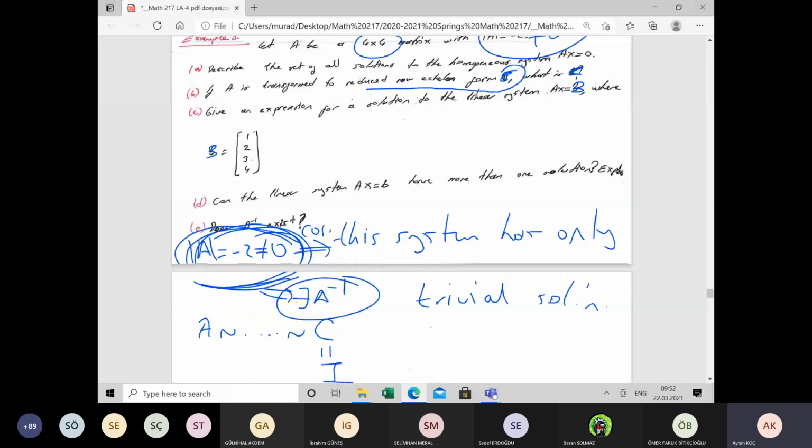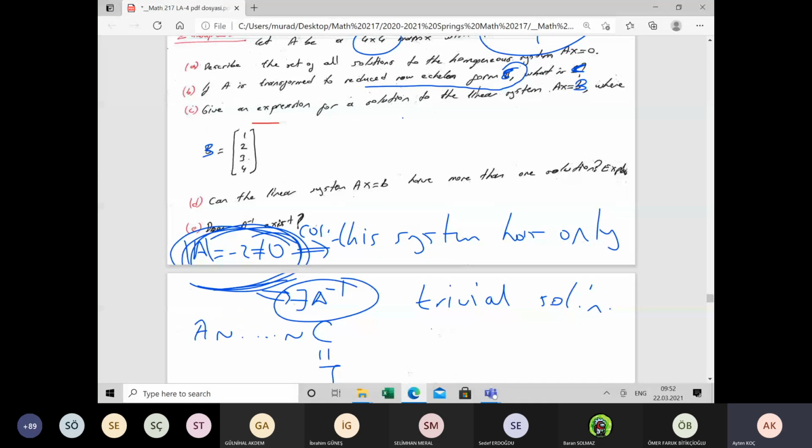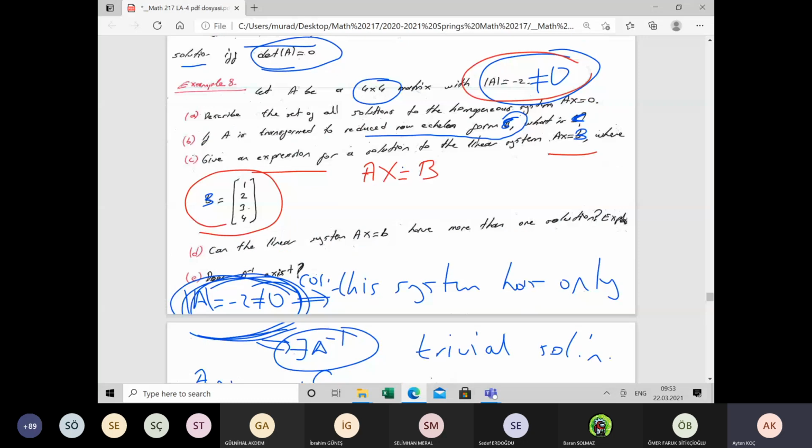give an expression for a solution of the system Ax = b, if b is this matrix. For our system Ax = b, we also know that the determinant of A is not 0, which means there exists an inverse matrix, so we can use it. Take this equality and multiply by the inverse matrix on both sides.